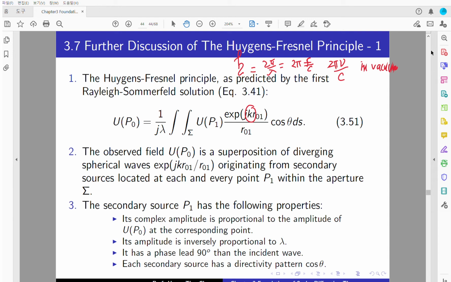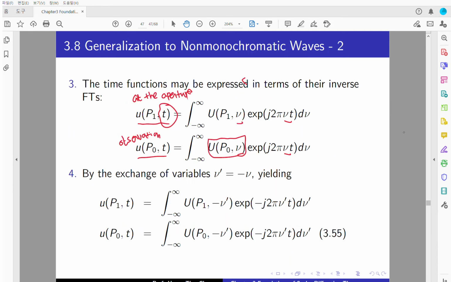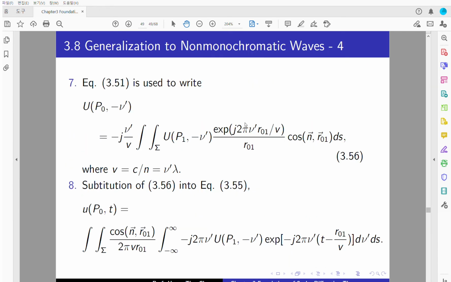So what we are going to do is look into some of the expressions. We have k, which is a function of nu, proportional to the frequency nu, so that we get this expression for each nu.